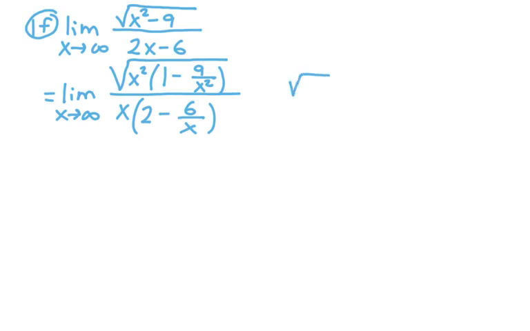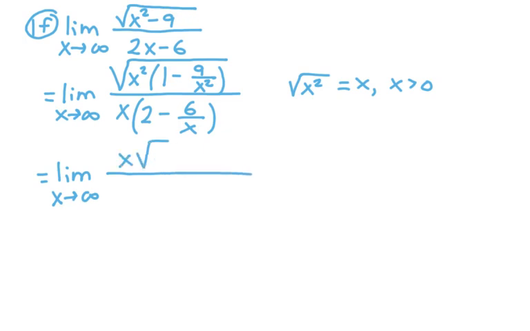But remember, the square root of x squared is equal to x for x positive. And remember, x is going toward infinity. So how am I going to rewrite this? It's the limit as x goes to infinity of x times the square root of 1 minus 9 over x squared, divided by x times 2 minus 6 over x.